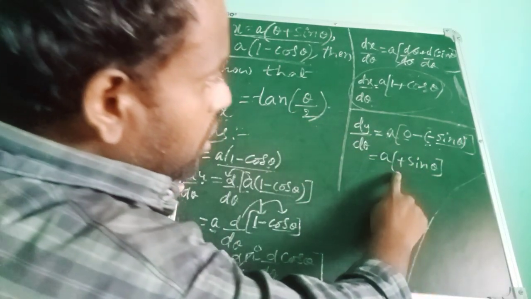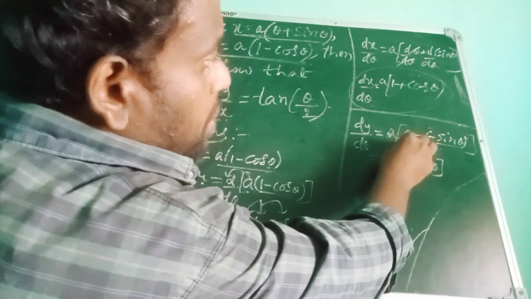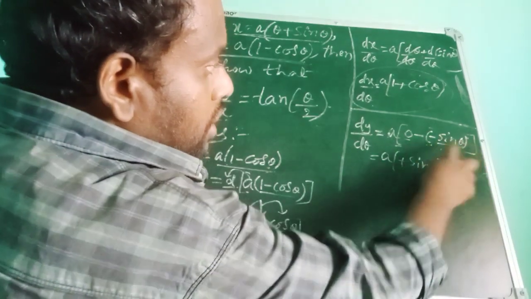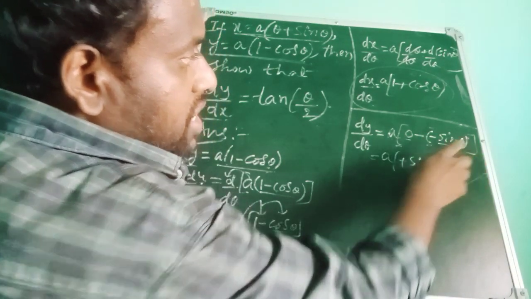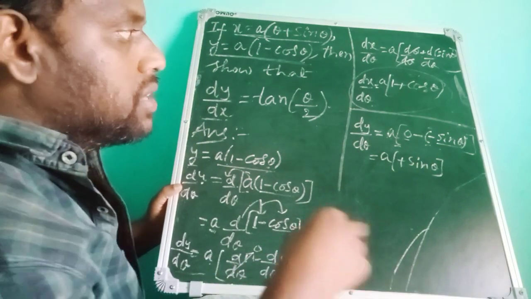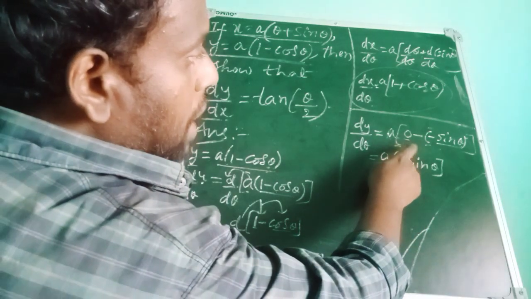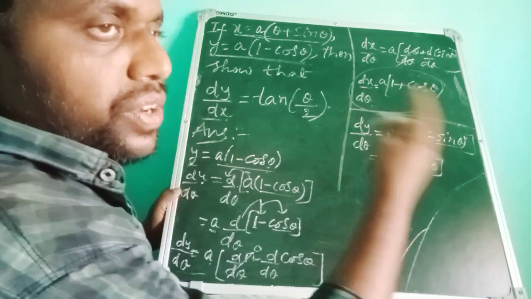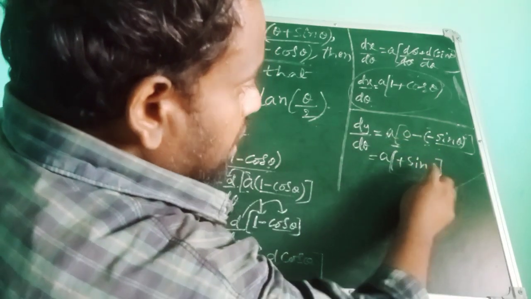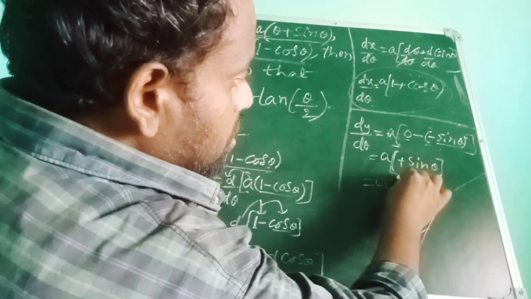Just simple. I forgot to add this bracket. Without writing this bracket and this bracket, minus into minus plus sin theta I wrote. When I wrote minus plus sin theta, then it became a plus sin theta. Actually that is not wrong. So if I miss this bracket, I get a different answer. So write this bracket, then plus sin theta. Next, in the next step, a write as it is.